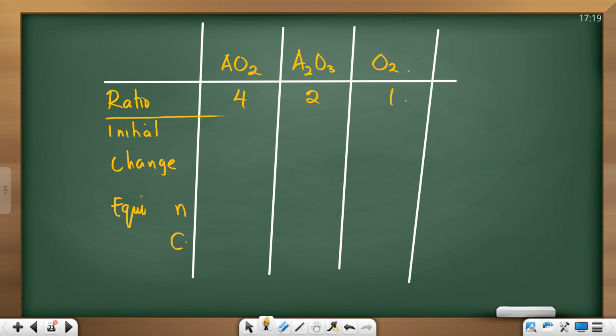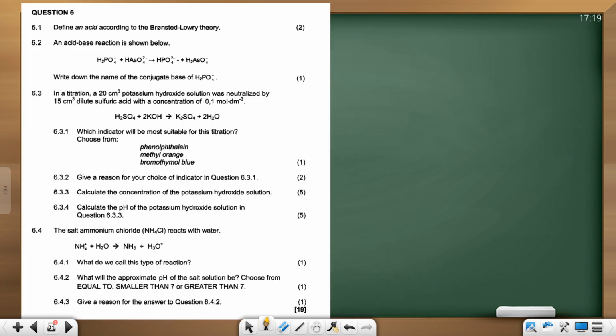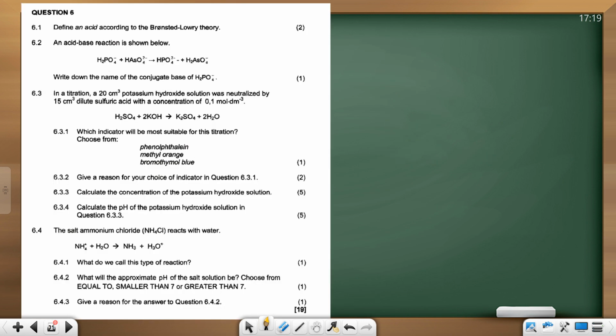So we were told initially 2 moles of this was present, right? And 1 mole of that. And only 10% of AO2 decomposed. Where is it now?